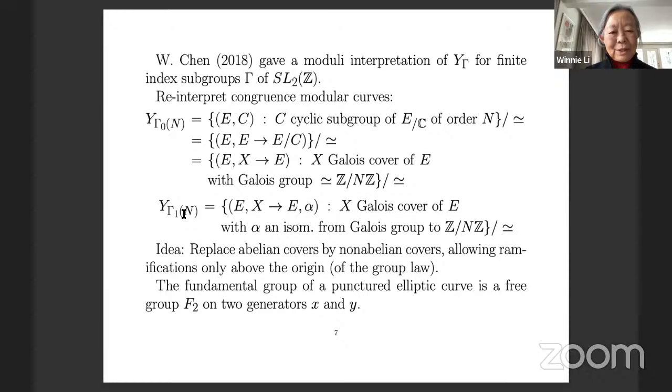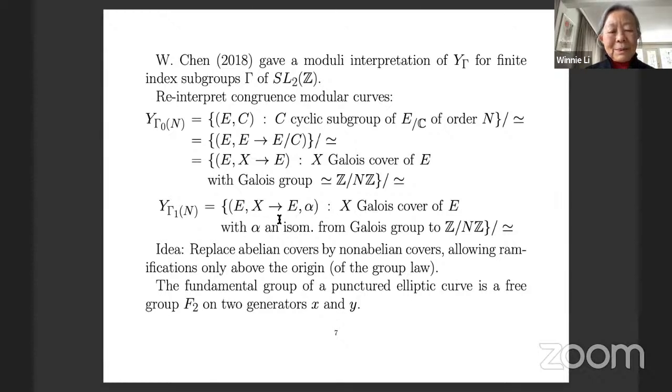Therefore, we view this modular curve Y of gamma 1 of n as parameterizing E together with its Galois cover from X to E with Galois group Z mod nZ, and then an alpha, which is an isomorphism from the Galois group to Z mod nZ. That means that we make a choice of a point of order n.